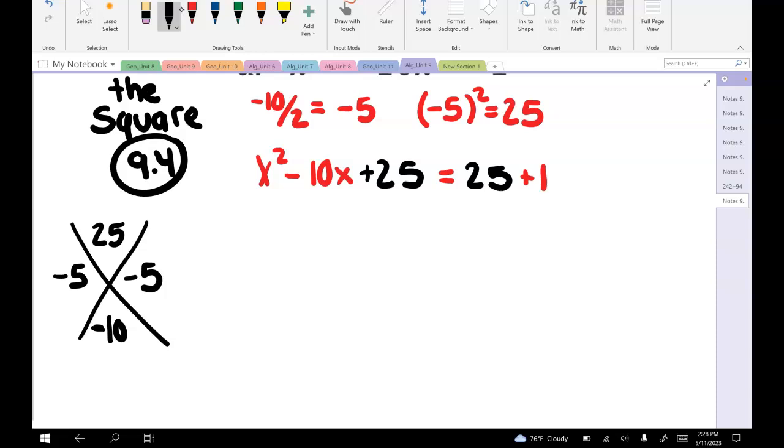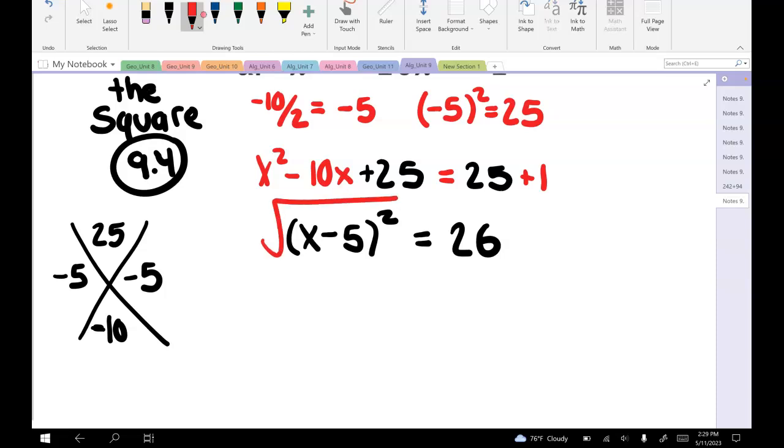We take the numbers on either side, and we say this is x minus 5 squared is equal to, and we just simplify our right-hand side. 25 plus 1 is 26. From there, our steps are the same. We take the square root of both sides to get what's inside the parentheses by itself and get rid of the square.